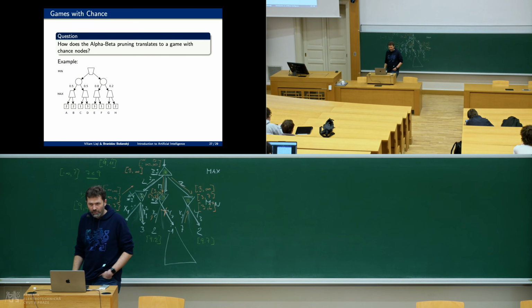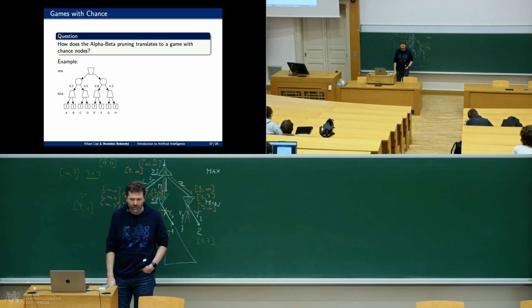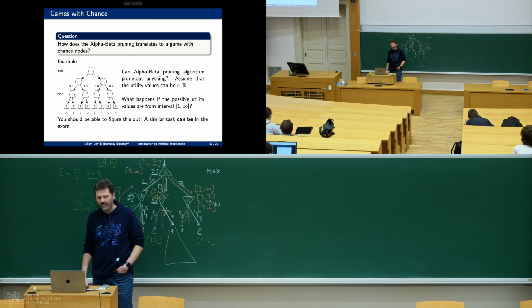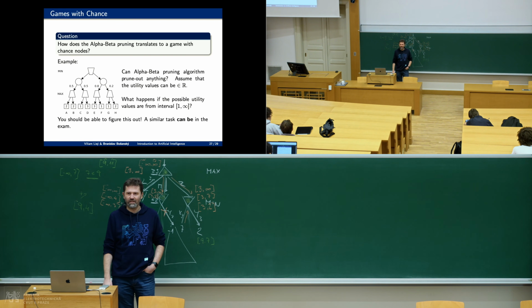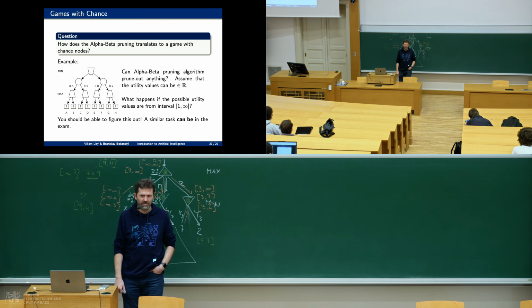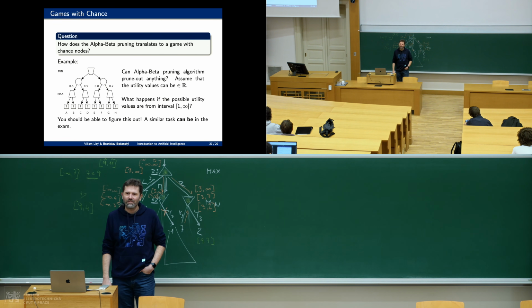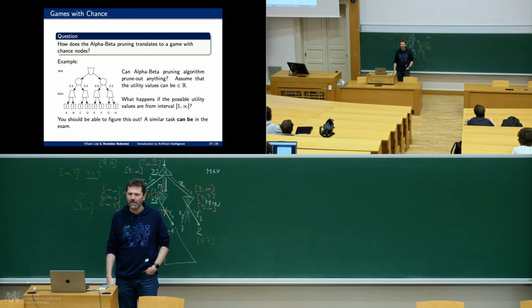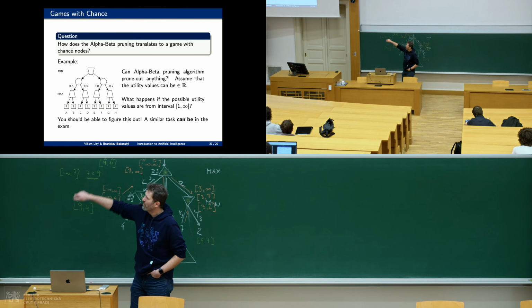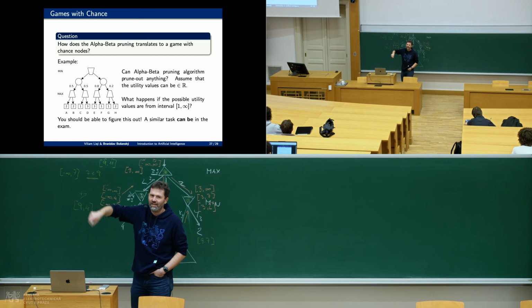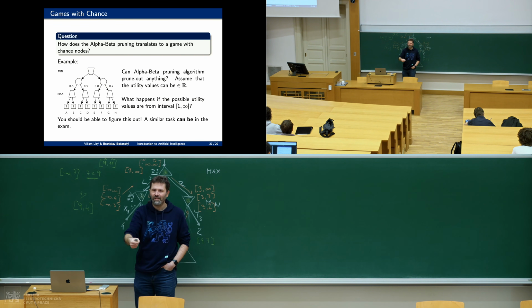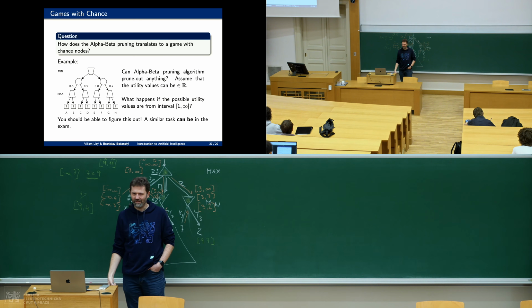However, for alpha-beta pruning, this can be a bit more challenging. We are deliberately not going to cover alpha-beta with chance nodes in the lecture, nor in the labs. This is your task. Try to think about whether you know how to generalize alpha-beta pruning to games with chance. You should be able to look at this game and answer these questions, and if you are able to do that, you understand alpha-beta correctly.